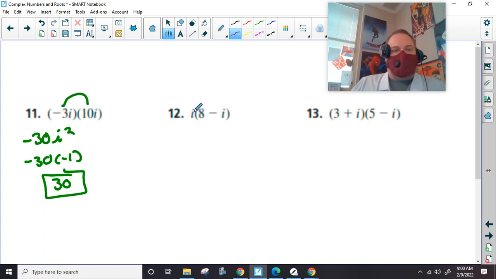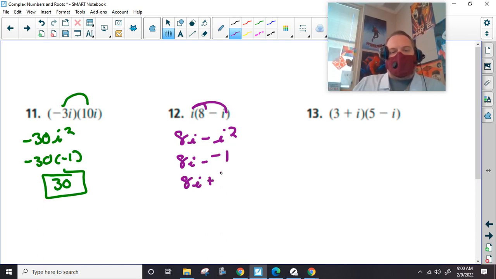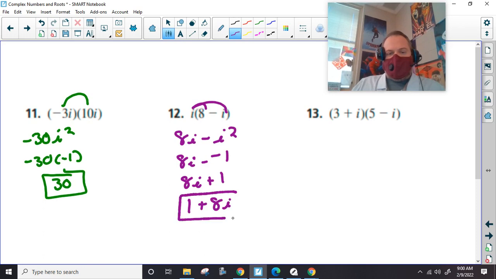All right. Now we have a distributive. 8i minus i squared. So in standard form, that's what we're looking for.